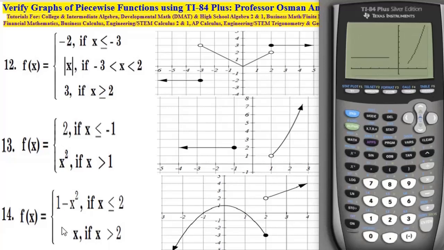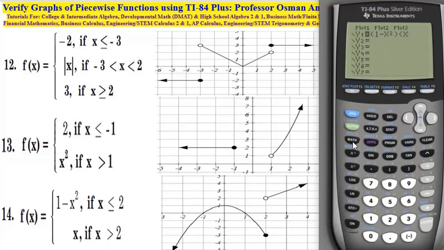Then this is f of x is 1 minus x squared, a parabola facing down, and this is when x is less or equal to 2, and it is a linear function x when x is greater than 2. It is open parenthesis 1 minus x squared, and this is valid when x is less or equal to 2.